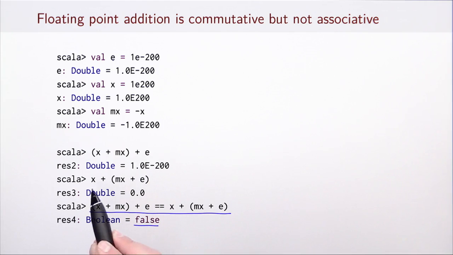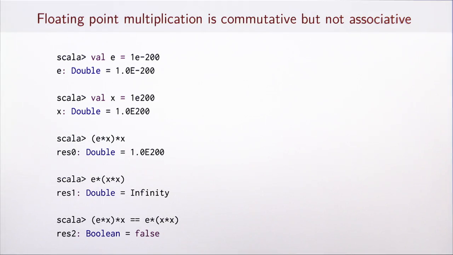On the other hand, what happens when we compute things in a different order with different parentheses? Well, mx plus e, unfortunately, cannot be represented precisely, and because we do approximation, the value of e will essentially be lost. So this expression will evaluate to mx, and when we add x and mx, the result will be 0. And this is why we obtain violation of the associativity law.